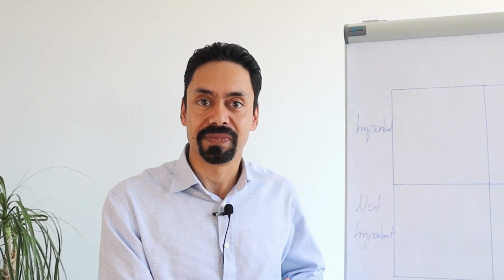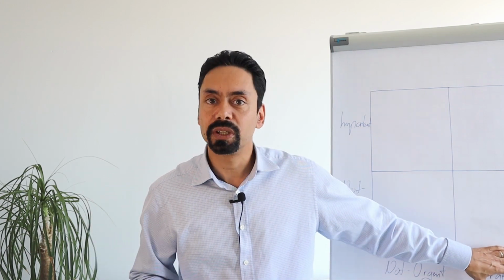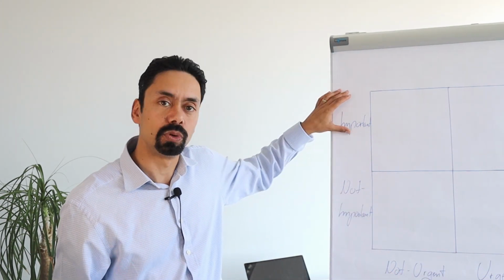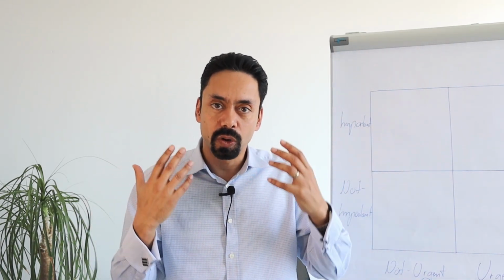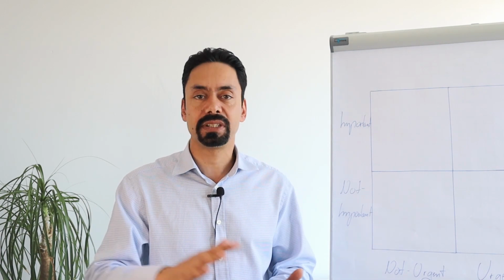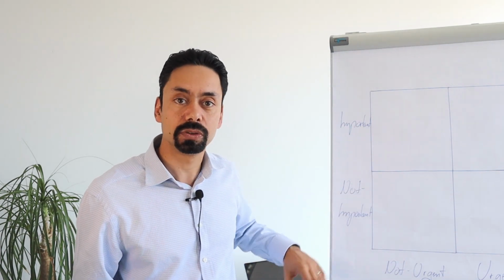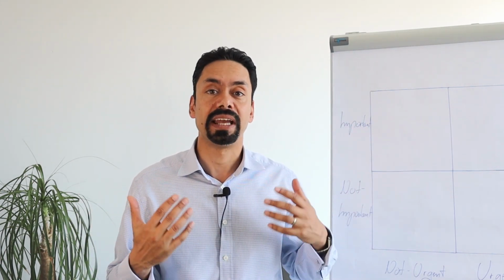But let's continue. With this being said, we have work which is urgent and not urgent, and work which is important and not important. General Eisenhower always, when he got a task, when there was something on his desk, was thinking, is it urgent or not urgent? Is it important or not important? And accordingly, he put it into the according quadrant. As simple as that.